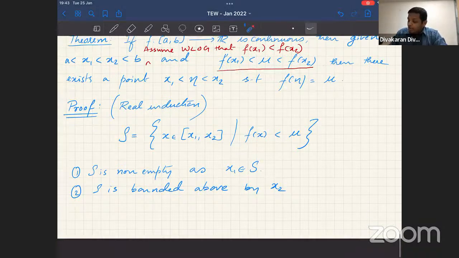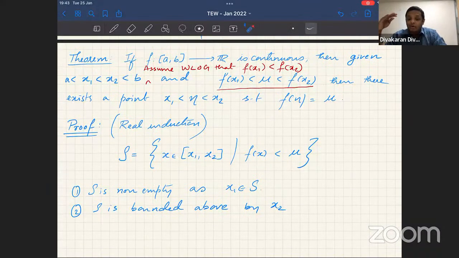Now, once we have shown that, we know that if it's bounded above and non-empty, then it has a least upper bound. This is called the least upper bound property for the set of real numbers. Any non-empty subset of the real line that is bounded above has a least upper bound.